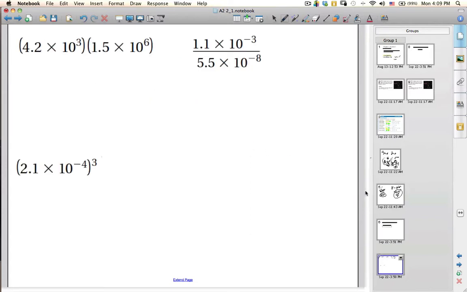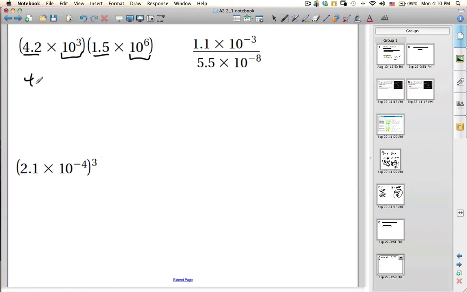Now we're going to work a little bit with scientific notation. What's nice about scientific notation is it lets me take numbers that are very large and make them relatively small, and what I end up doing is separating the base of the scientific notation from the power of 10 that's associated with it.